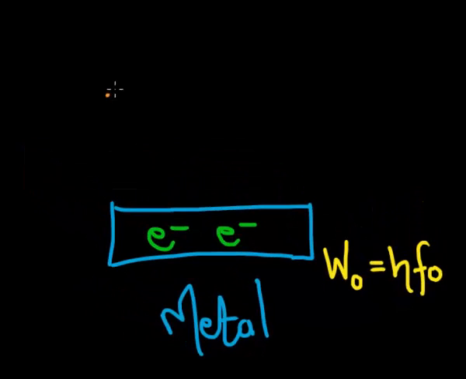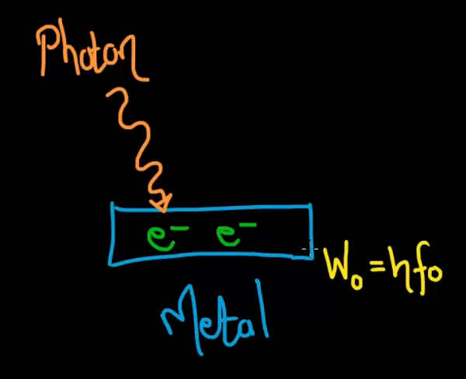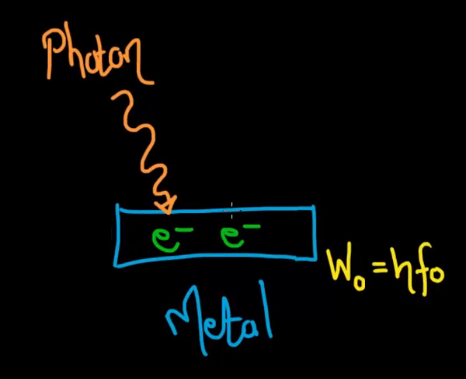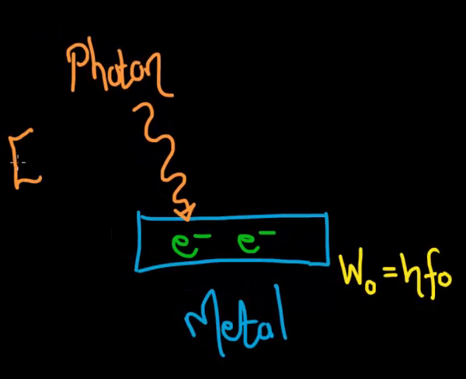Now we also spoke about a photon yesterday that will be coming in. This photon, which is seen as packets of energy of light, will have the symbol of capital letter E for its energy. And it said that all of its energy will be transferred to one electron only.